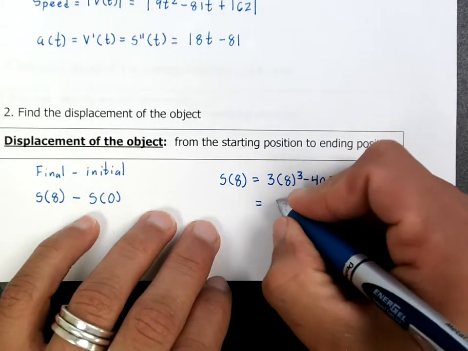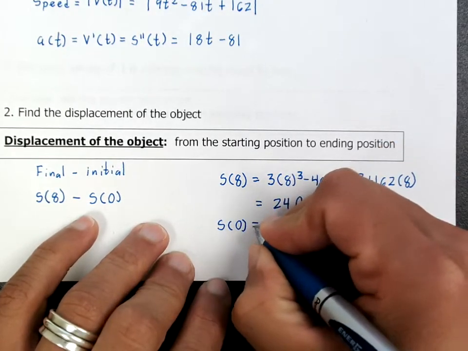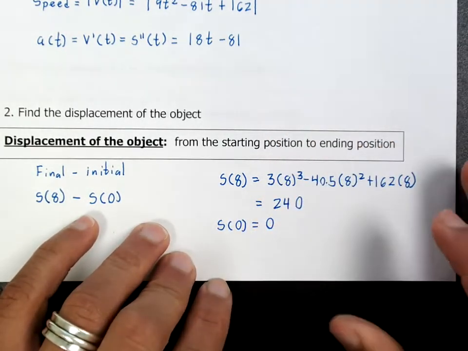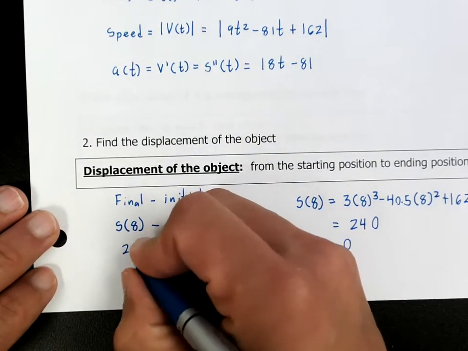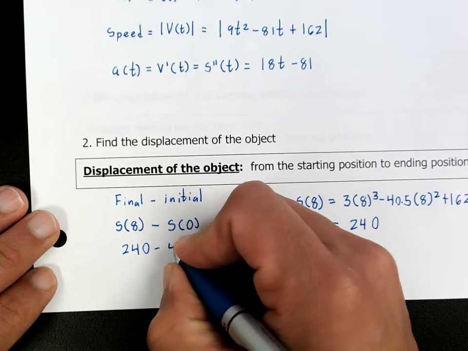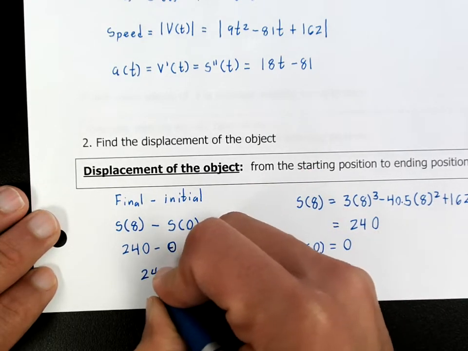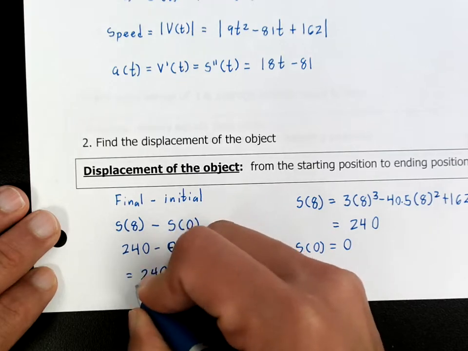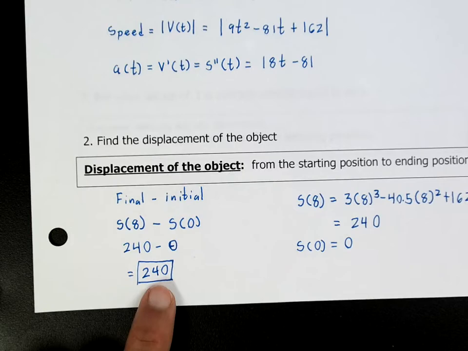So this right here would be 240, and s of 0 would be 0. Again, if you plug in a 0 into the position function, you get 0. So this would be 240 minus 0, which is just 240. So the displacement of the object from its starting to its ending position would be 240.